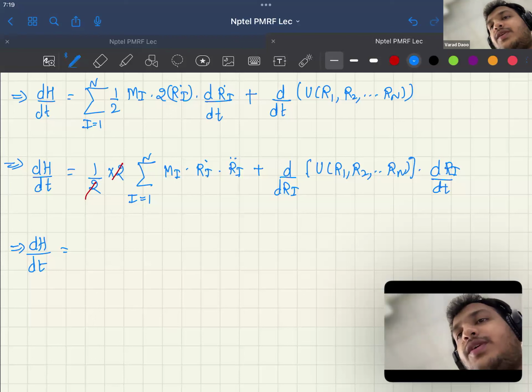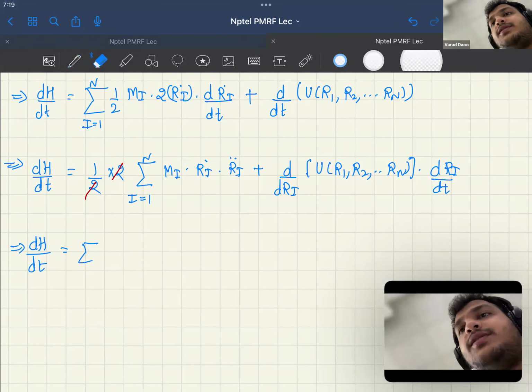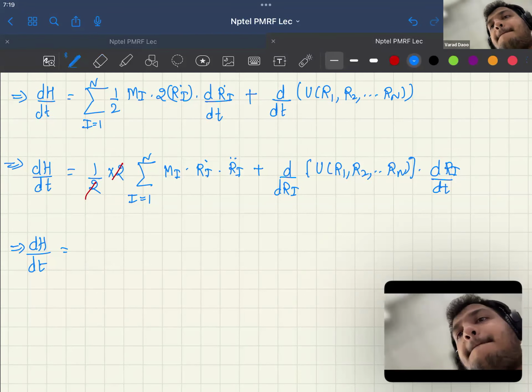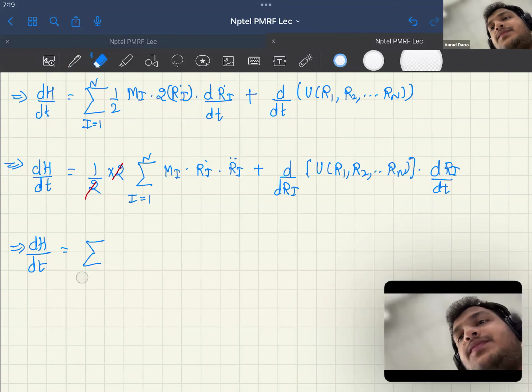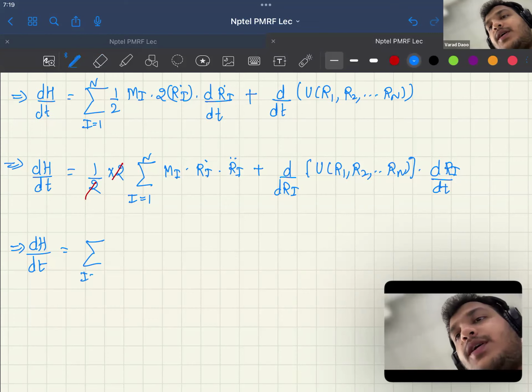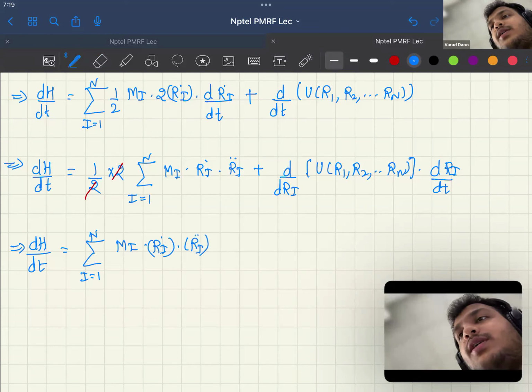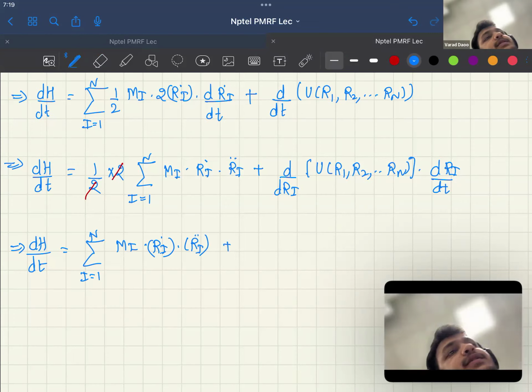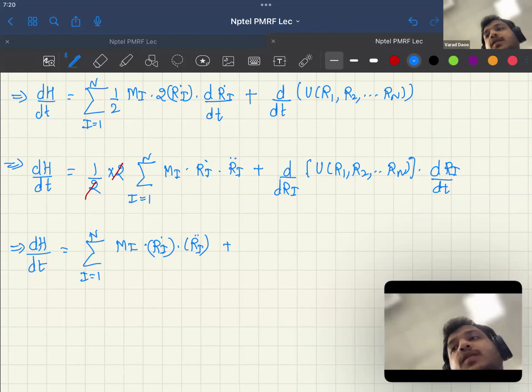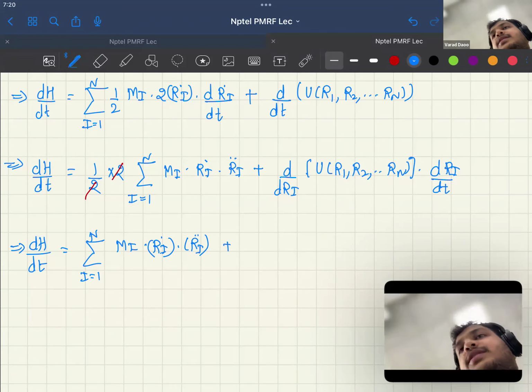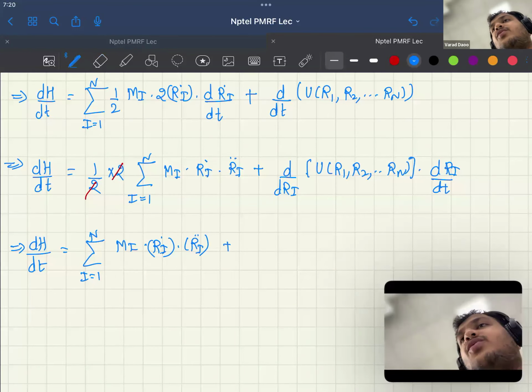This tells us that dH by dt is equal to, this thing gets cancelled, so we are left with summation i equals 1 to n of mi into ri dot into ri double dot plus, so what is this? This is going to be nothing but the force.